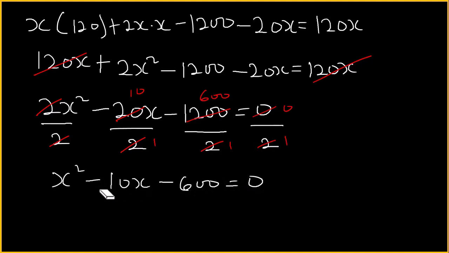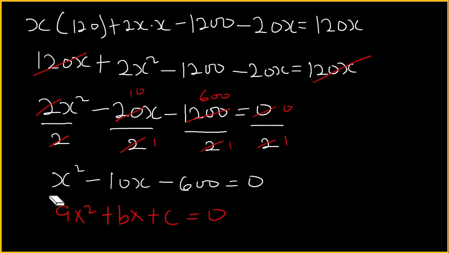So we've gotten our quadratic equation of the general form ax squared plus bx plus c is equal to 0. These are all quadratic equations, but this is the simplified form of what we already have.